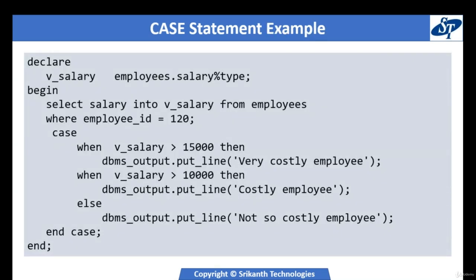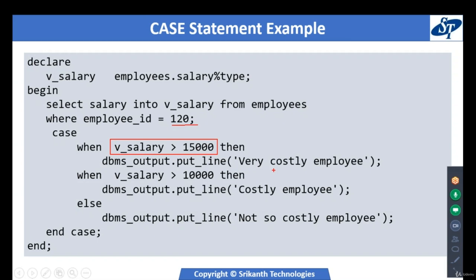I take the salary for employee 120, and based on the salary of the employee 120, I'm going to display a message. So if his salary is greater than 15,000, I say very costly employee. And if it is not greater than 15,000, in between 10 and 15, then I'm going to satisfy this condition.